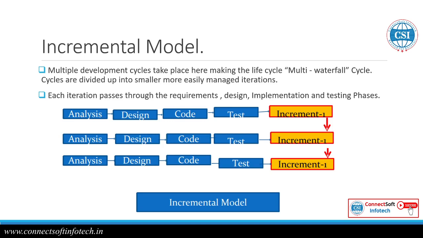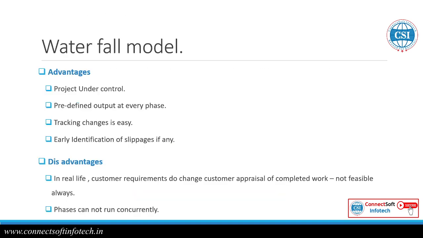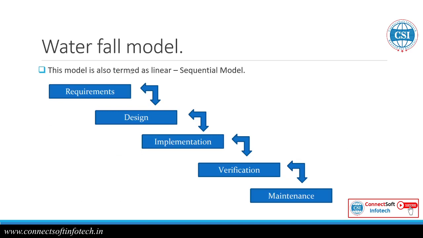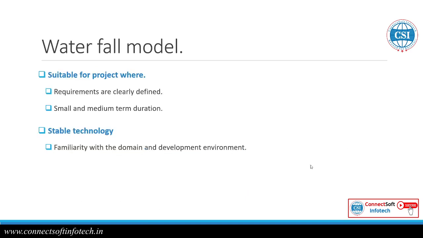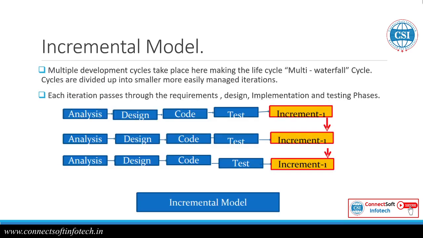Waterfall is the linear model, and incremental is the implementation of the waterfall multiple times. We can say it is a multi-waterfall model. In waterfall we follow only a single cycle, but in the incremental model we have multiple waterfalls.